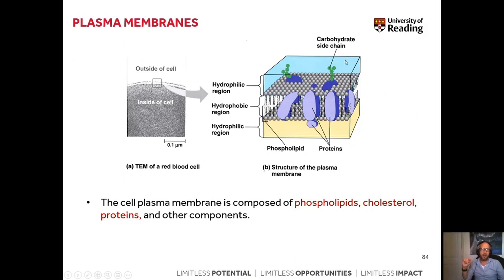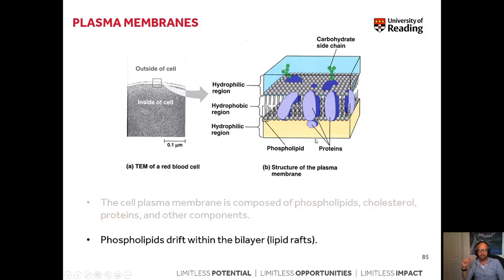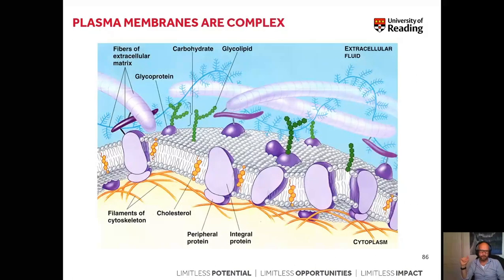As you can see, some of those proteins are merely at the surface, whilst others are able to span the membrane. Those phospholipids drift within the bilayer, and they are referred to as lipid rafts. And those lipid rafts are a very important drug target. But this is something we will talk about in parts 2 and 3.